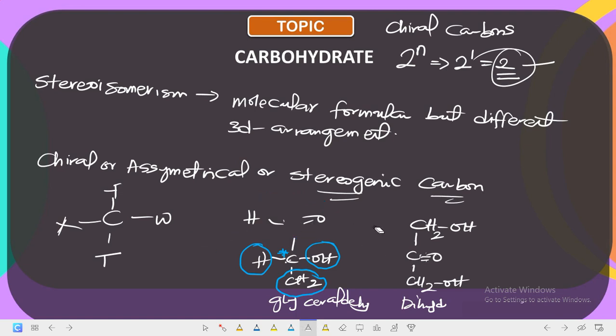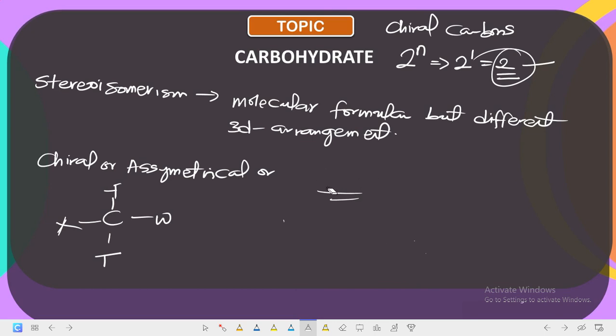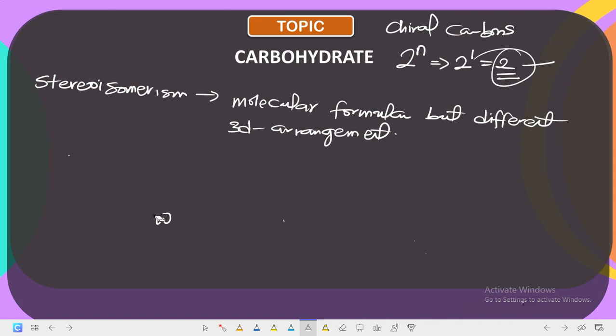Now let's look at glucose and see how many chiral carbons are present in the glucose molecule, and the number of stereoisomers that can be formed from glucose. Now, this is the structure of glucose. You have C double bond O, H, then CHOH.